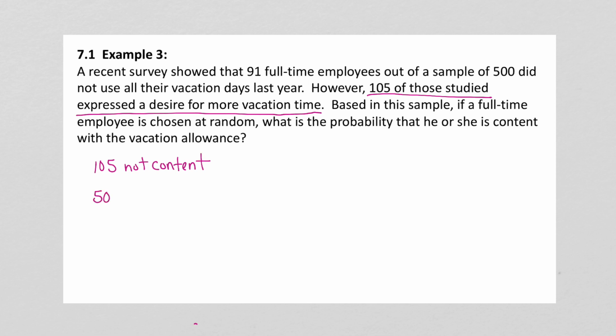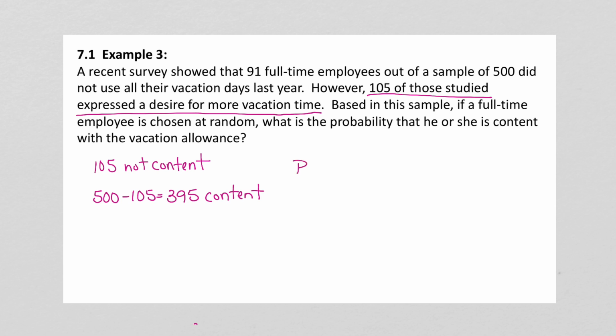So out of 500, we would subtract the number that are not content, and so we know that 395 employees are content with their vacation time. Doesn't have anything to do with the 91 that didn't use their vacation time. They are assumed to be content with what they got.